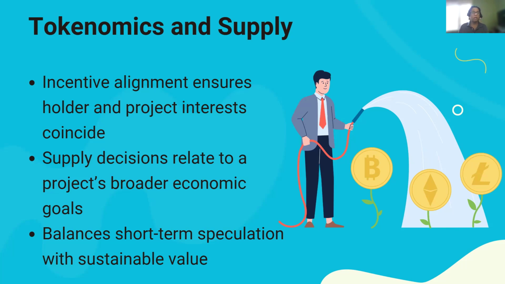Some tokens are utility type tokens where you can use them to log into a system or play a game, or some other tokens might be a store of value token just like Bitcoin. You can just hold it because it appreciates in value.